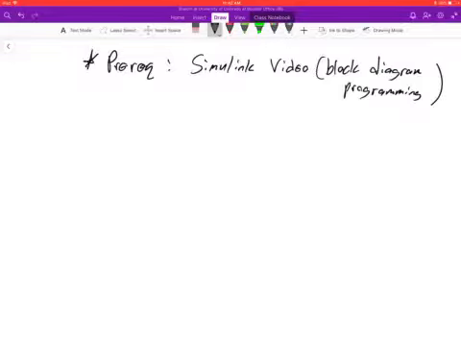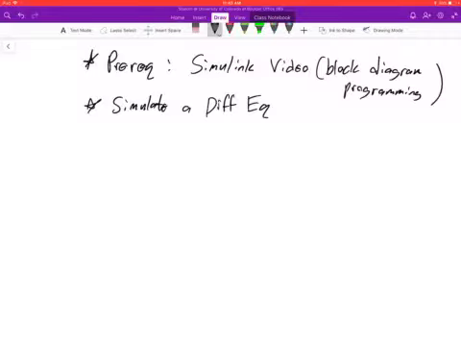So in this first lab, the whole goal is going to be to simulate a differential equation using block diagram programming. That's just one option, obviously.